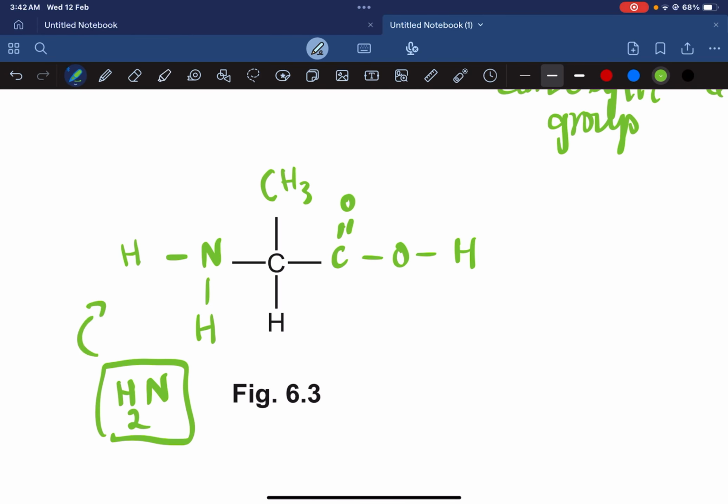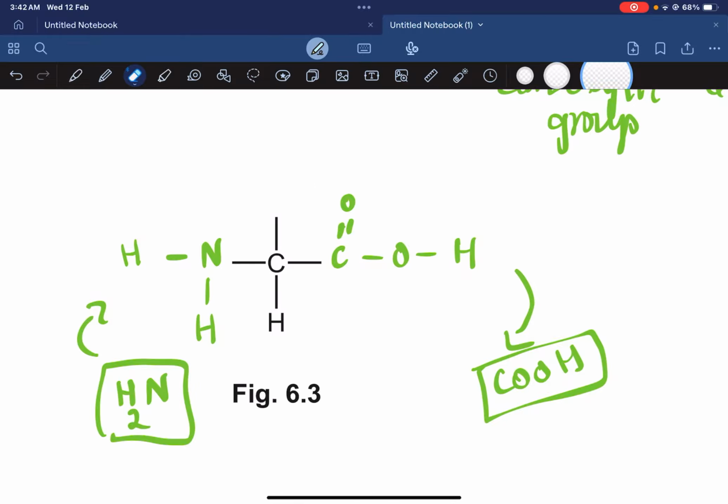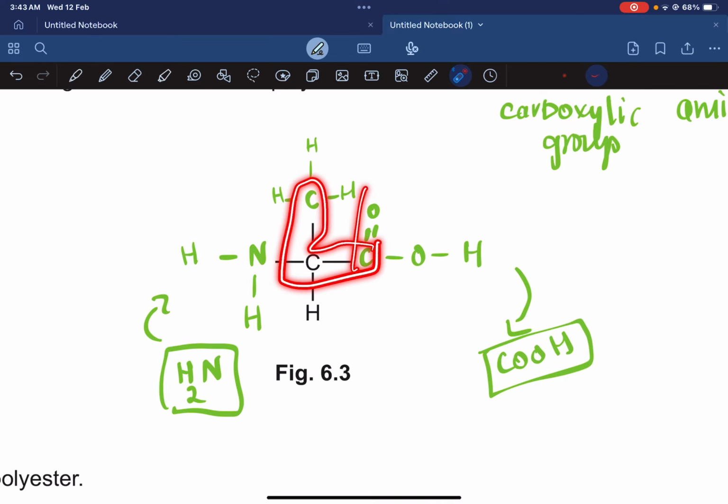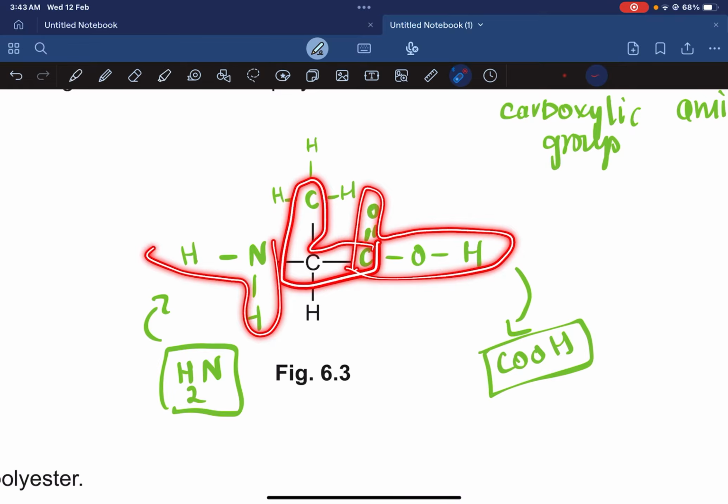This is the COOH carboxylic group, because in amino acids we have both the amine and the carboxylic group. And over here I'm going to open this up for you: it's going to be C, H, H and H. So it has 3 carbons, 1, 2 and 3, and it also has a carboxylic group and an amine group, which makes it an amino acid.